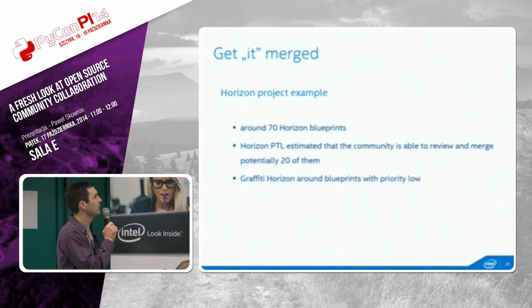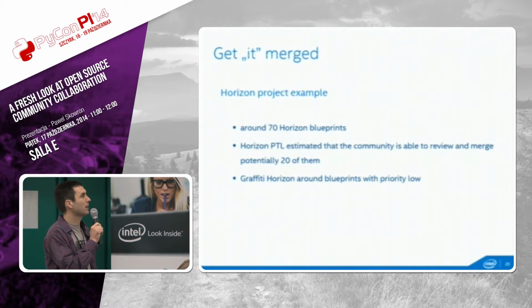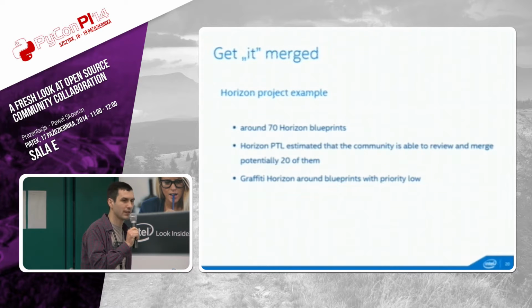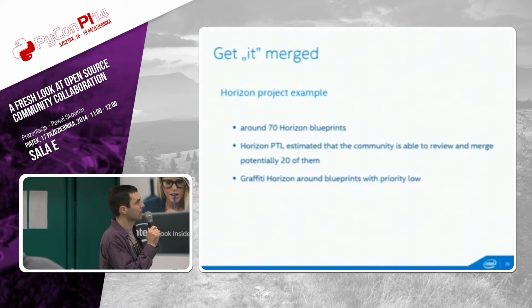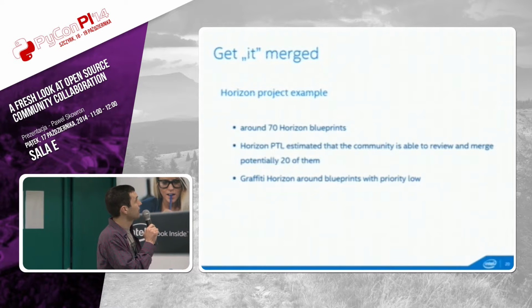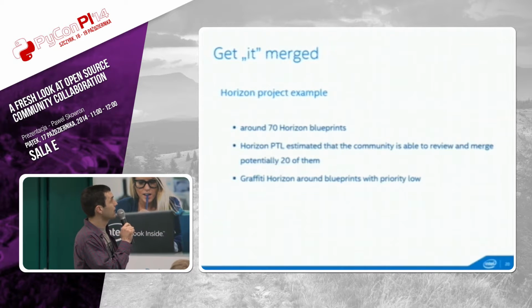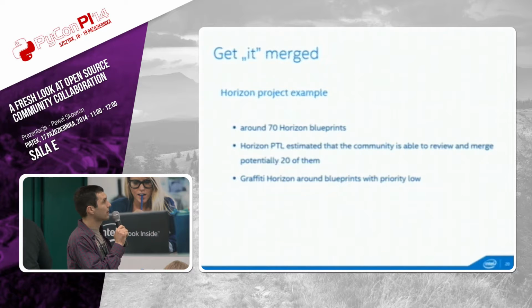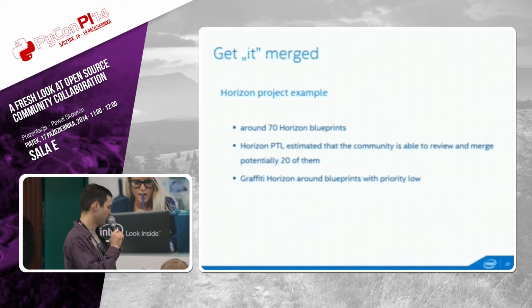And then eventually our Graffiti Horizon part was with low priority. It was kind of higher priority in Glance and other projects, but in this particular project it had a lower priority. So it was extremely hard, considering this situation, to get it merged. I will share with you how we did it in a few minutes.